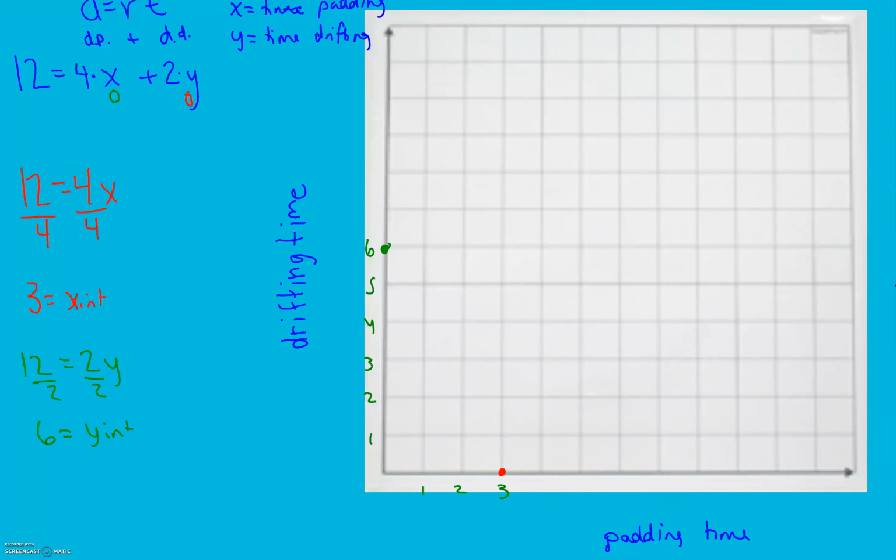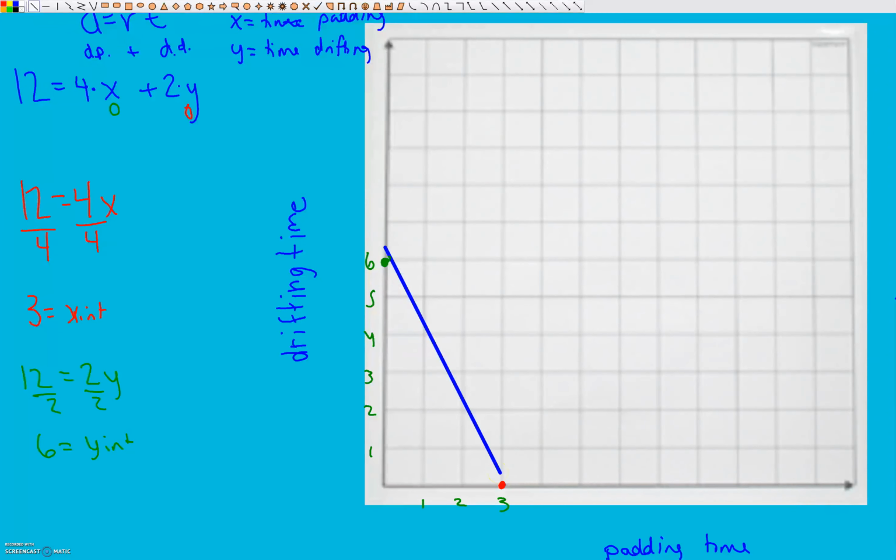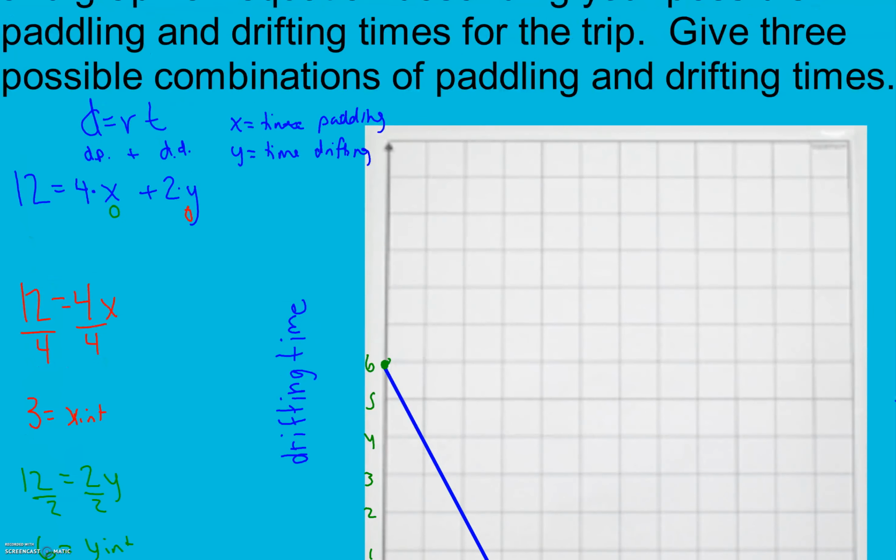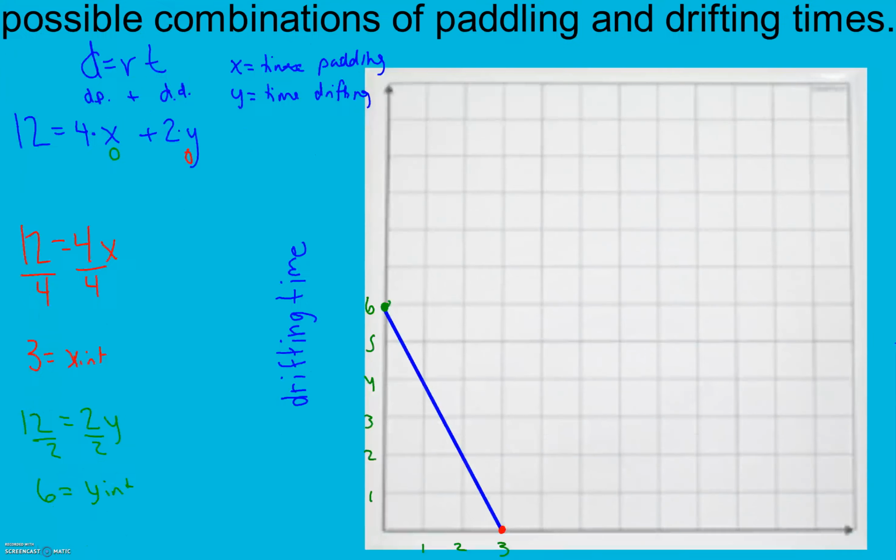Here, we can connect those. Maybe. Try that again. And the question asks for 3 possible combinations of paddling and drifting times.